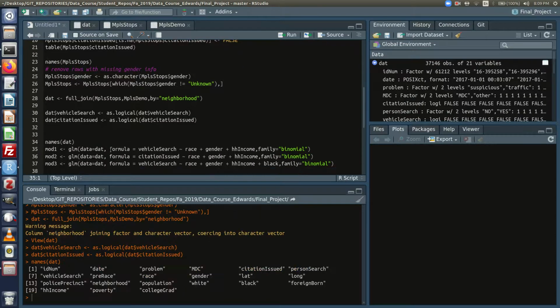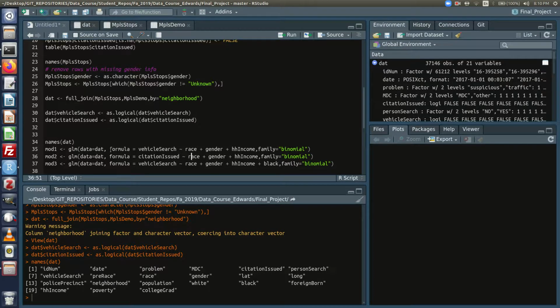Looking at these, I've made three models here. The first model is a logistic regression, so a generalized linear model, data equals dat, and then here's my formula: whether the vehicle was searched, true or false, as a function of race, gender, and household income. I put family equals binomial again because the response variable is true false.